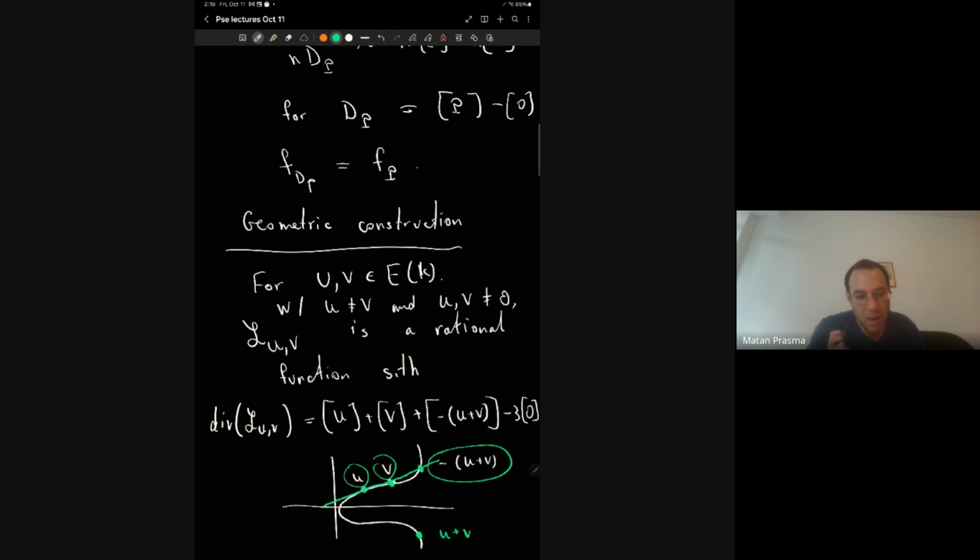So all of them have to have multiplicity 1. And then since I know that this is a rational function, I know that there has to be a pole of multiplicity 3. And this pole has to be the point at infinity. That's kind of the consideration that we did a while ago.